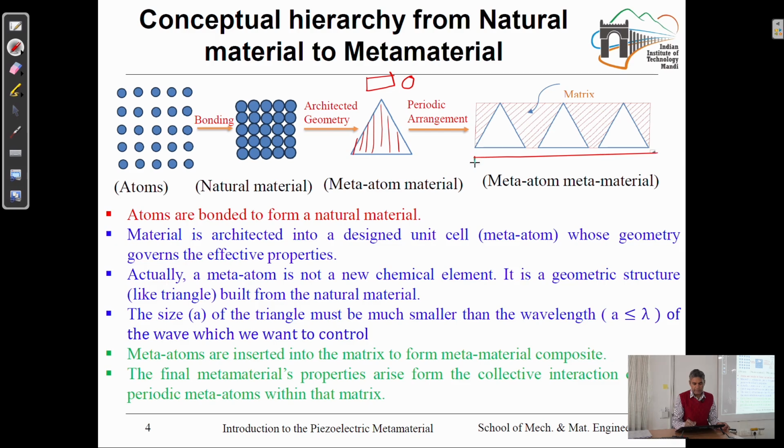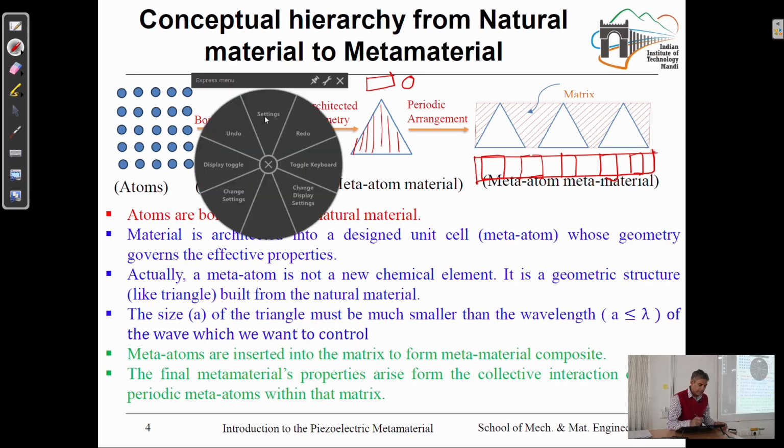Suppose you have a square shape. We can arrange these meta atoms in a periodic fashion. So you can see we have so many combinations. This is, say, aluminum material.